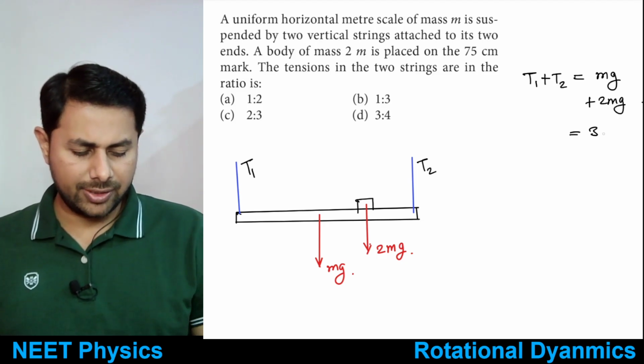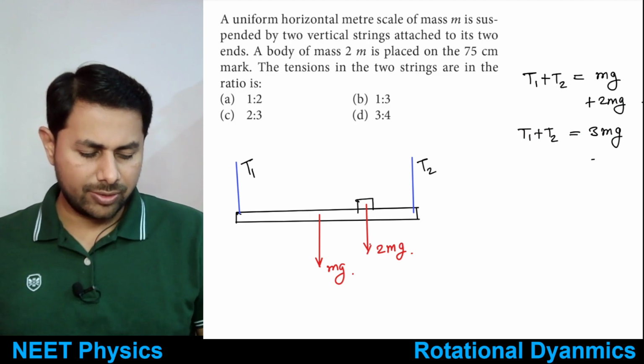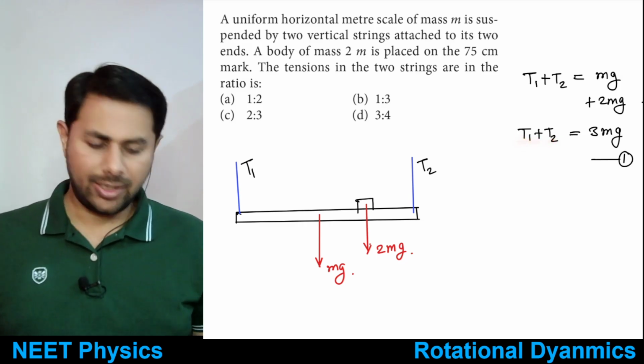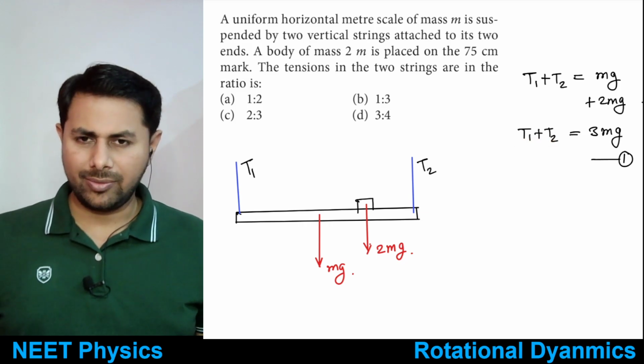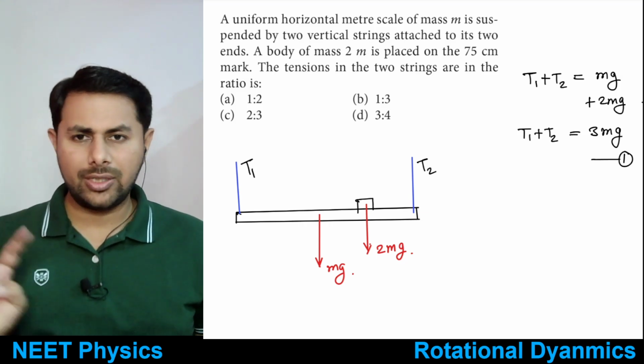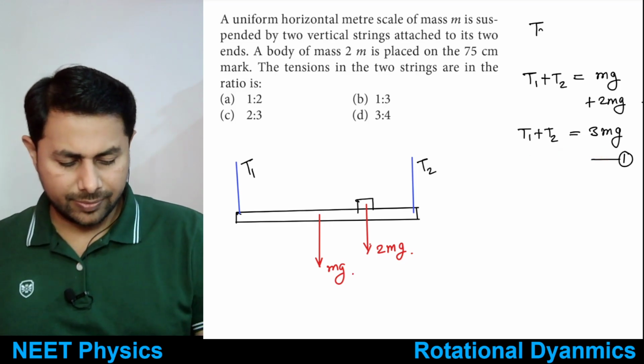Mg plus 2 mg is 3 mg. So you got T1 plus T2 is equal to 3 mg, right? So let's call this equation 1. Because you want to compare T1 and T2, either you need to find them or you need to compare them. So 2 unknowns means you will need 2 equations. So one you got from translational equilibrium.